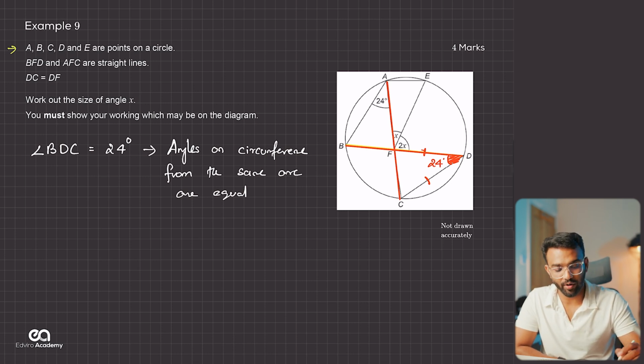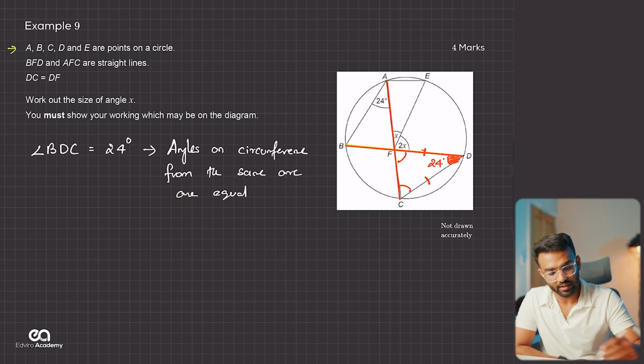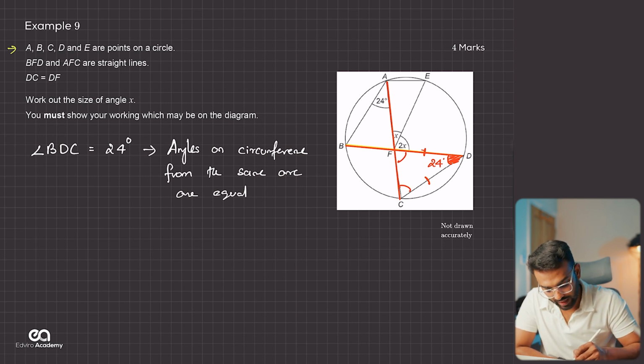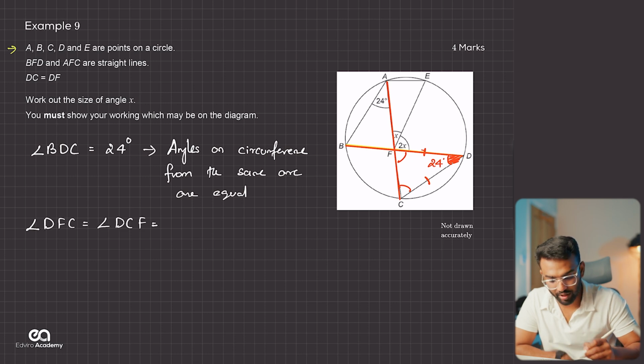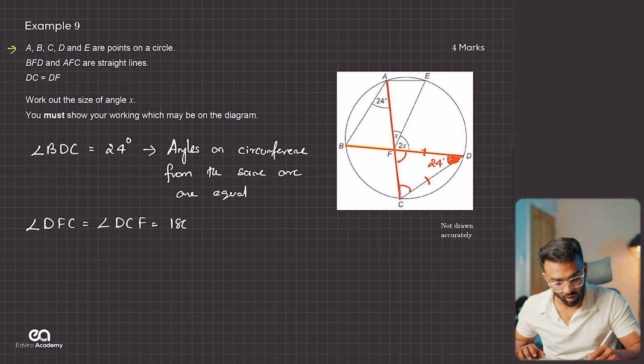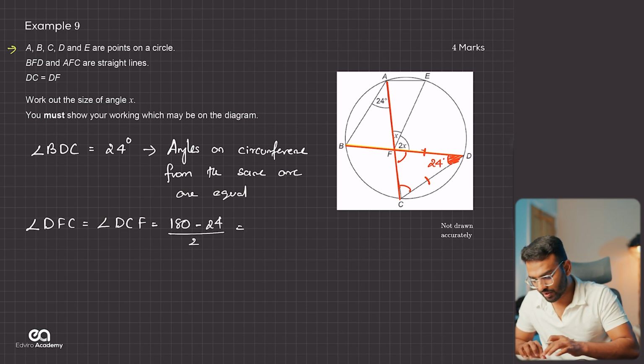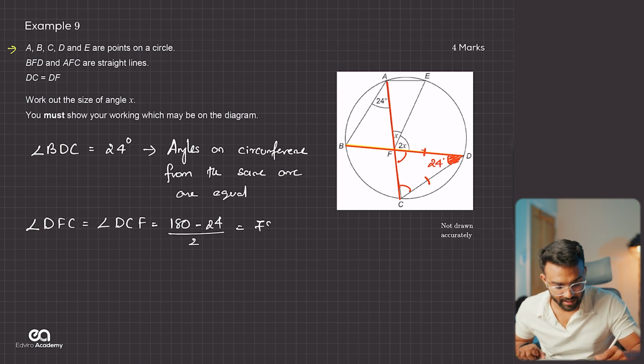So that is 24. And if that is so, these two angles could be worked out. So we could write angle DFC equals angle DCF, which is equal to 180 minus 24 divided by 2, giving us 78 degrees.